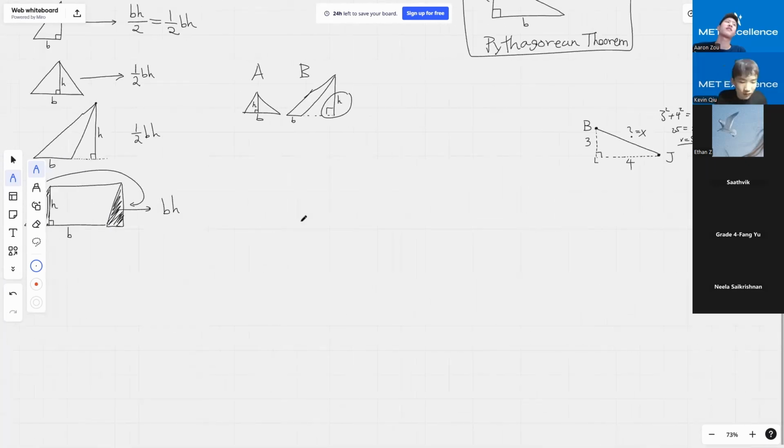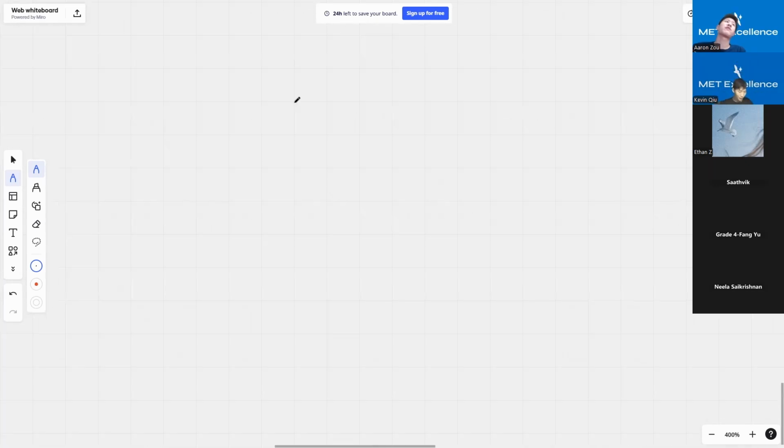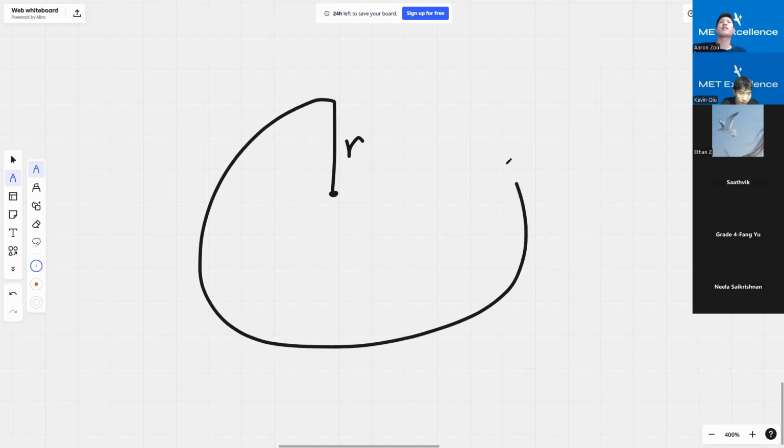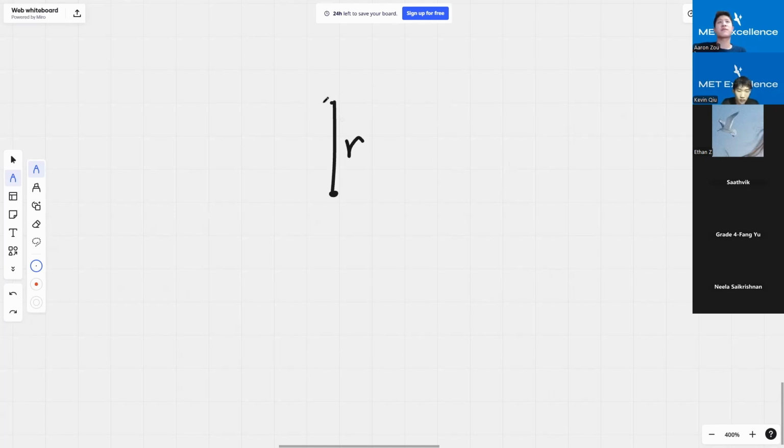Well, I'll demonstrate it for you. Let's say I just have a point, and this is the center of the circle. And let's say I have a radius, which is just a length, radius r. To draw the circle, all I do is spin this line segment around the point, and boom, I have a circle. This is a very terrible circle.